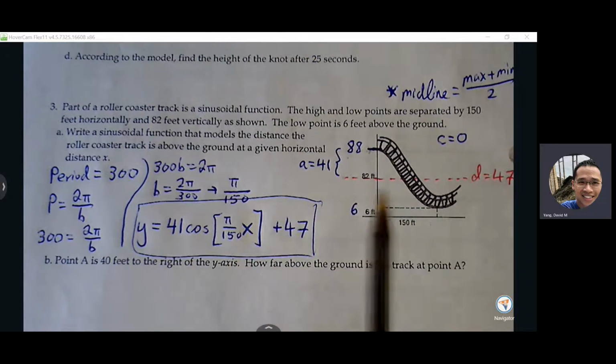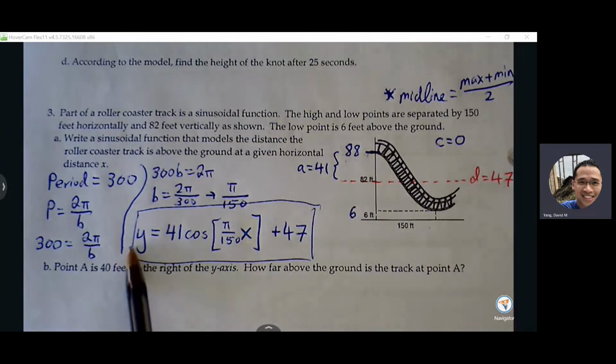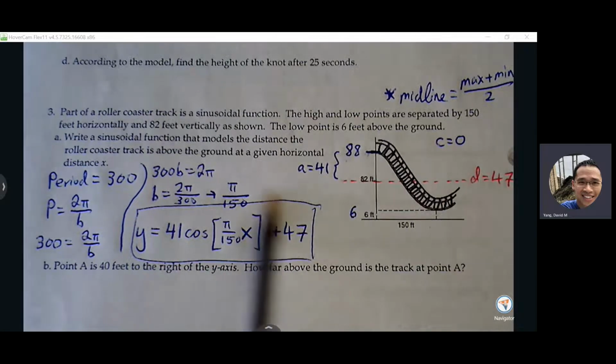So x represents any distance along the cosine graph. And then if I plug in an x, I can also find the height. So it says point A is 40 feet to the right of the y-axis. How far above ground is the track at point A? Well, this formula is now designed to tell us the height at any moment in time for this roller coaster.